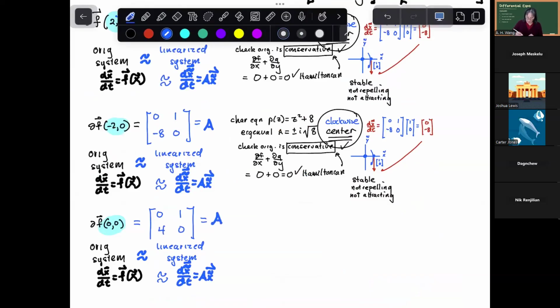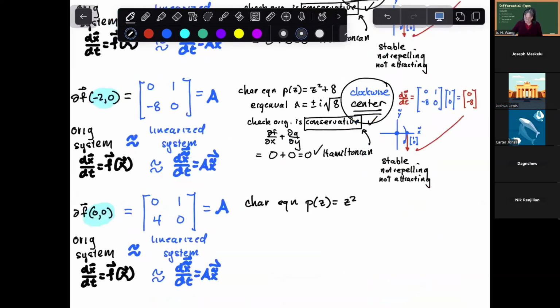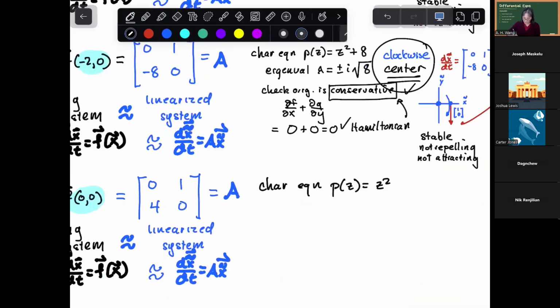Okay, so let's figure out the characteristic equation. The characteristic equation is p(z), z squared. What is the trace? 0. And what is the determinant? -4.